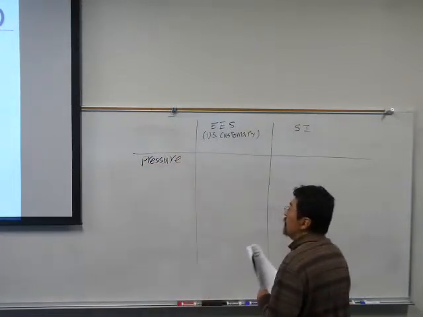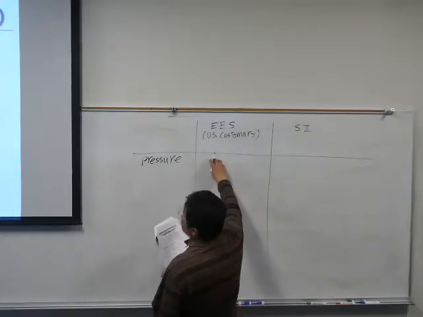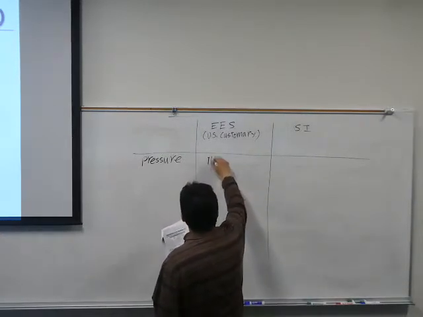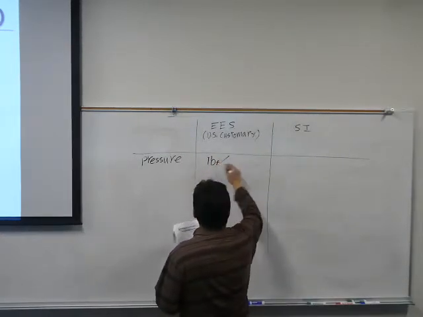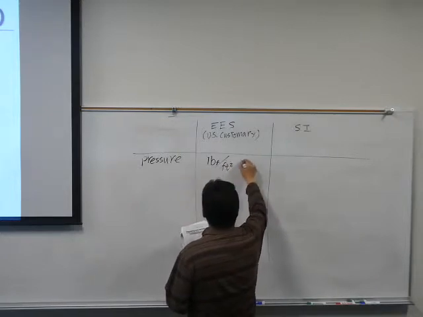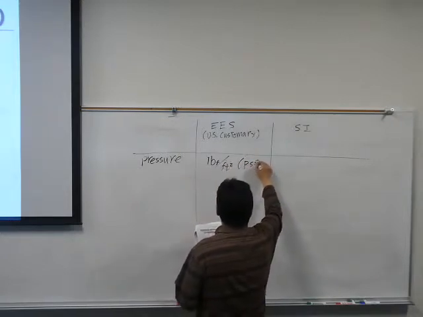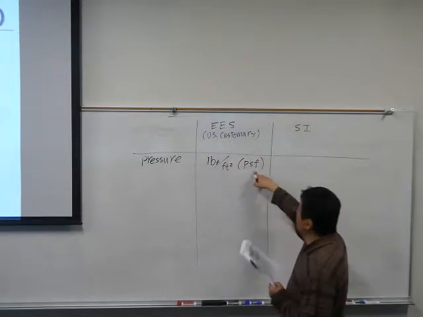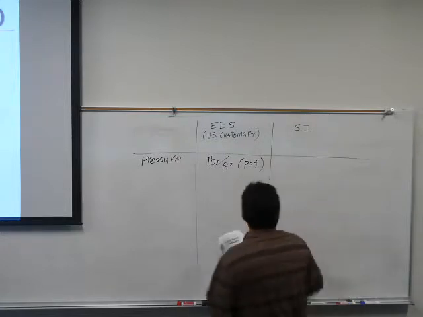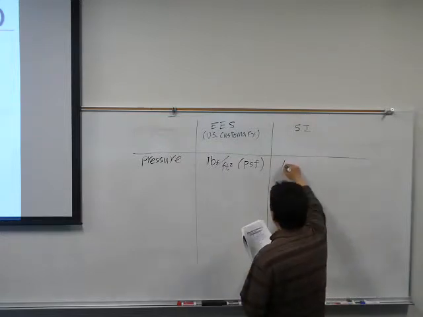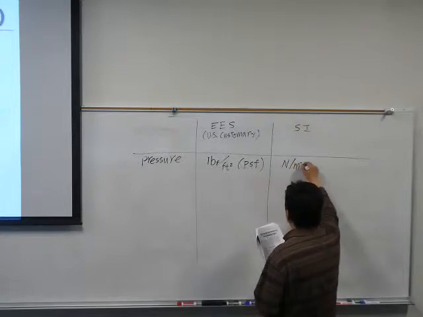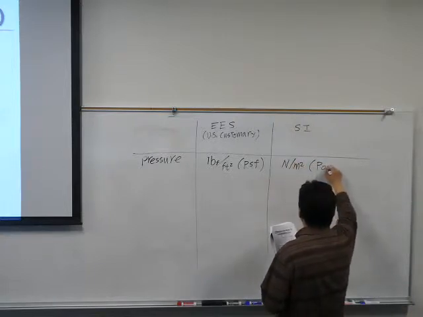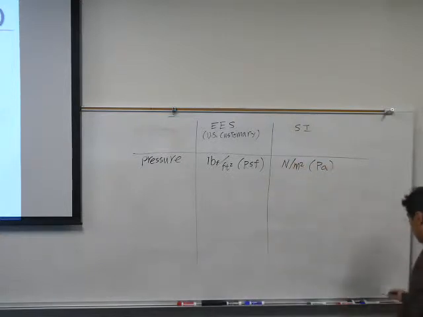The standard unit of pressure of EES, English engineering system, is of course pound force per square foot. Let's call this PSF, pound per square foot. SI unit, of course, Newton per meter square. This is called Pascal. Okay, those are standard.